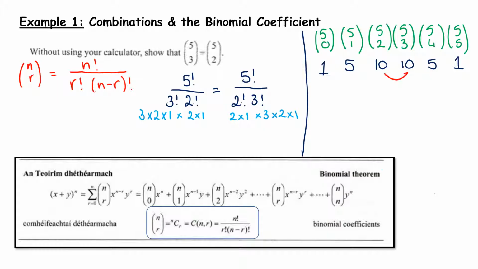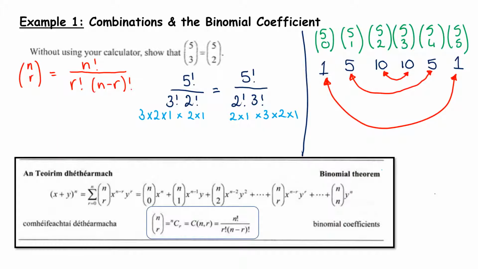So we have this idea. These two mirror each other. These two mirror each other. And finally, these two mirror each other. The question is, well, why? What is the rule about the mirroring?